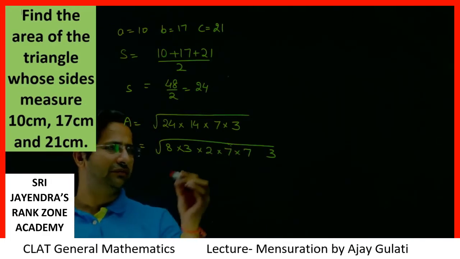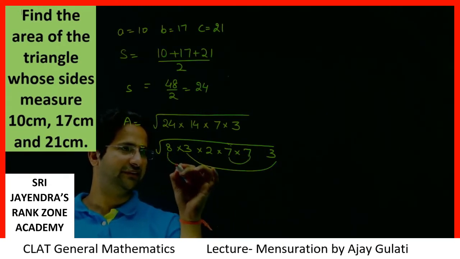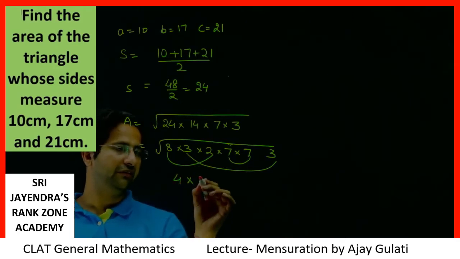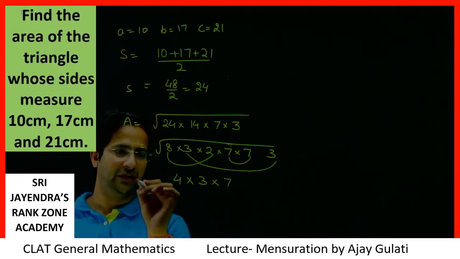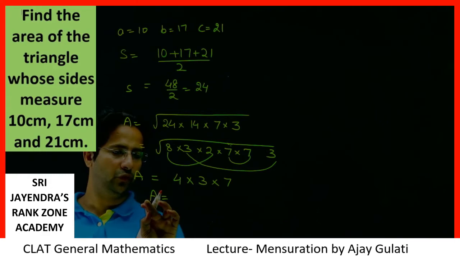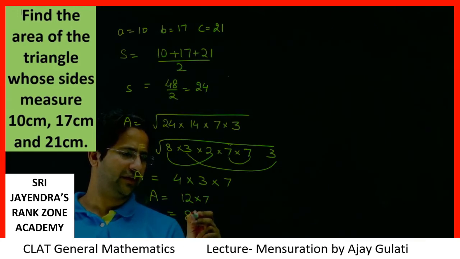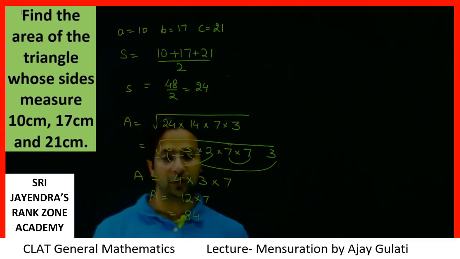What do I have? Two 3s, two 7s, and this is 16. 16 will come out as 4, a pair of 3s will come as 3, a pair of 7s will come as 7. Area is equal to 4 into 3 into 7, 12 into 7. I can say again this comes out to be 84. This is one way of solving this question.